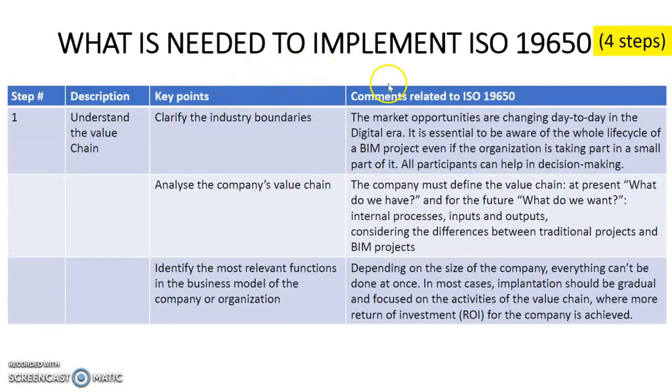The implementation can be broken down into 4 phases or 4 steps. Step 1 requires the company to understand the value chain. There are at least 3 key points that the company will need to look into. The first one is to clarify the industry boundaries.